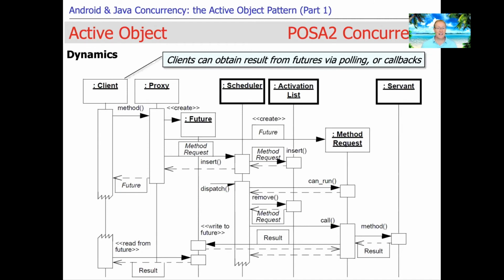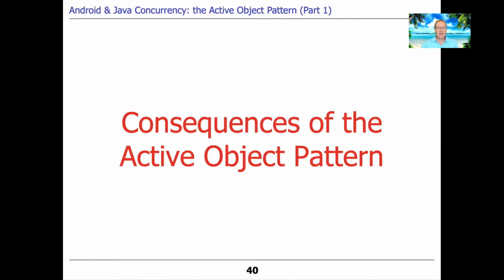If it's in fact an asynchronous two-way call, then clients can get results from the invocation by using the future, either polling it or having some kind of callback mechanism used to dispatch it. There are different ways to do that.